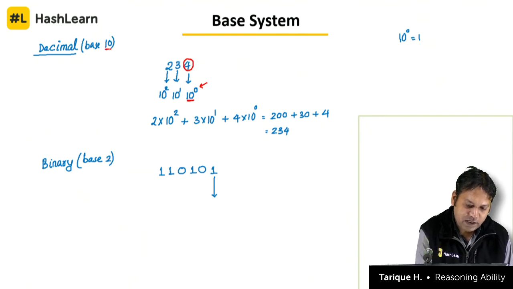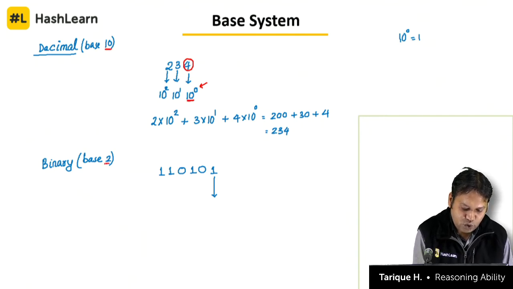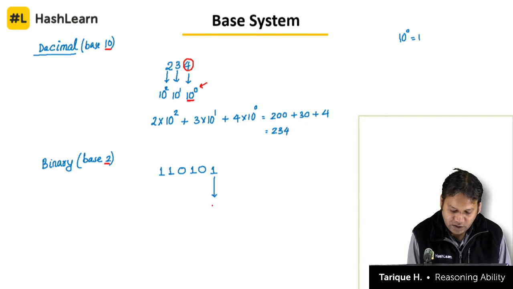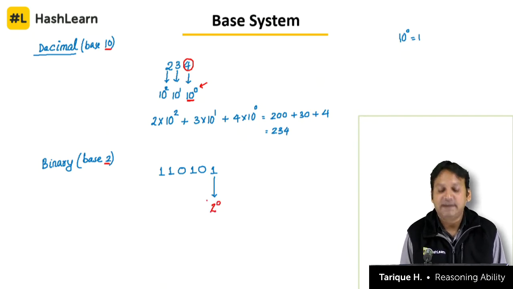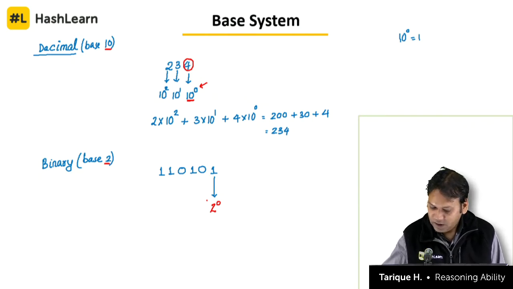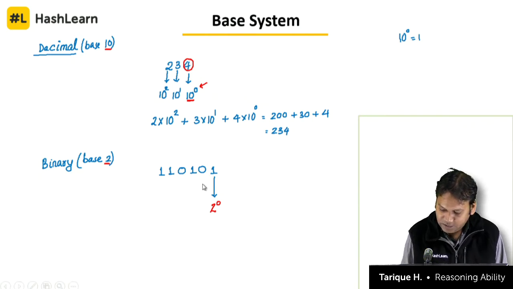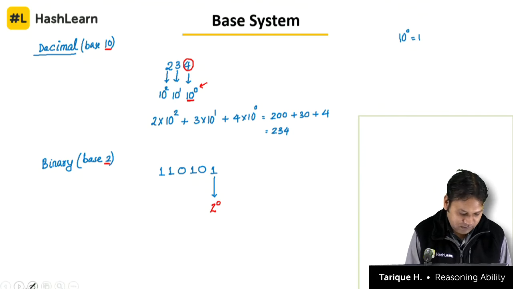Why? Because this is base 10. Now what is the base here? 2. So what should be done here? 2 power 0. See, the first number is in the position value 2 power 0. Now the second number, if you take the second number here, so just let me write it here. The second number will have a position value of how much then?